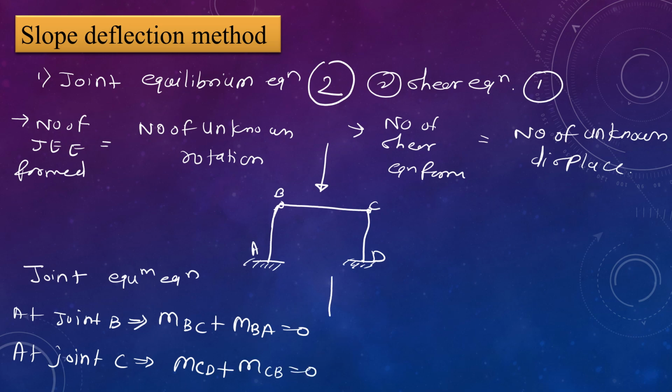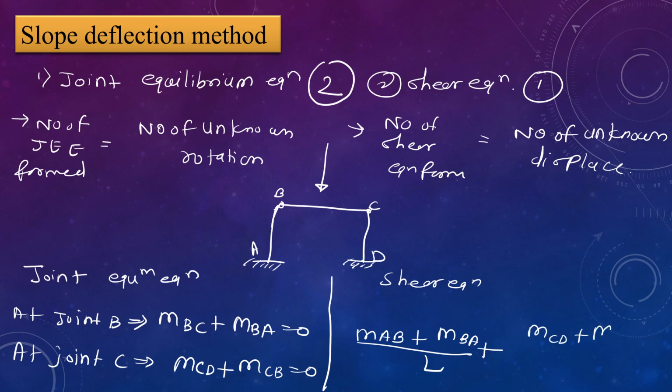This is the joint equilibrium equation, and the shear equation is (MAB plus MBA) divided by L plus (MCD plus MBC) divided by L is equal to 0. So these are the shear equation and joint equilibrium equations for solving this kind of frame.